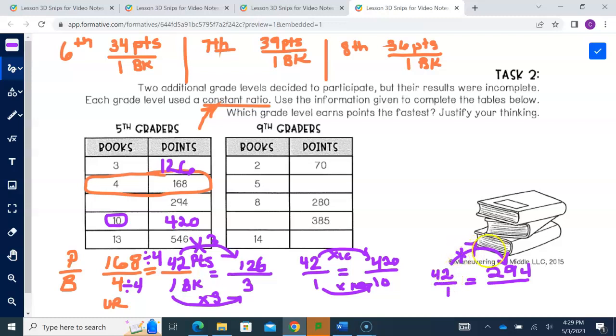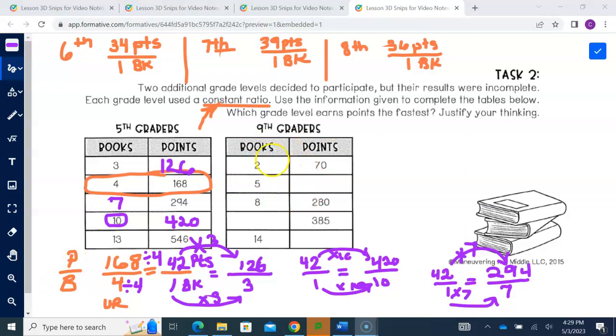So I had to multiply 42 times 7 to build that up. The scale factor is 7, so I'm going to have to multiply 1 times 7 to get my new denominator to keep these fractions equivalent. So 7 books earns them 294 points. And now I've filled out that table using the unit rate as one of my options there.